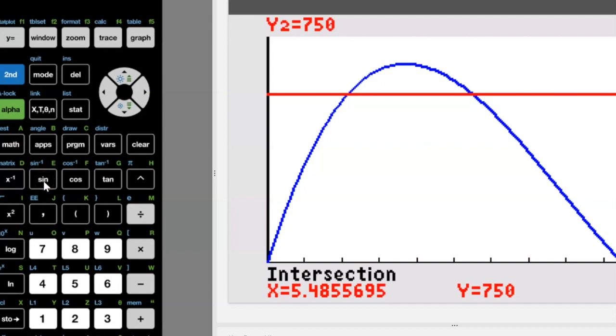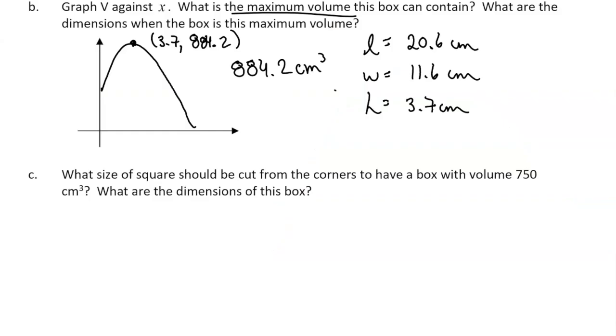And so if we want to figure out what our solutions would be from here, it means that there are two possible ways that we could build a box that would have a volume of 750 centimeters cubed. You can do it once when you have a cut of 2.2 centimeters, but you could also do it when you have a cut of 5.5 centimeters.